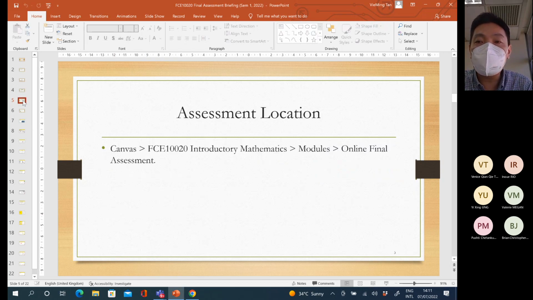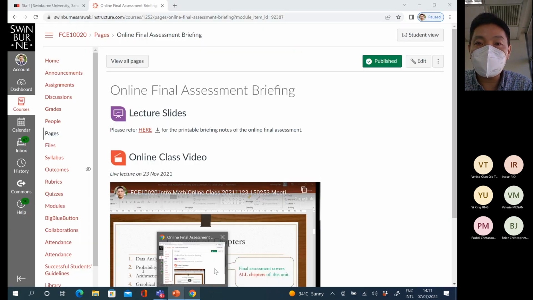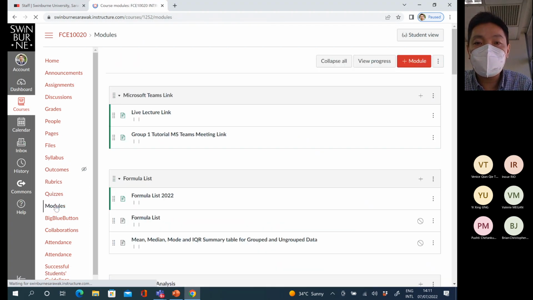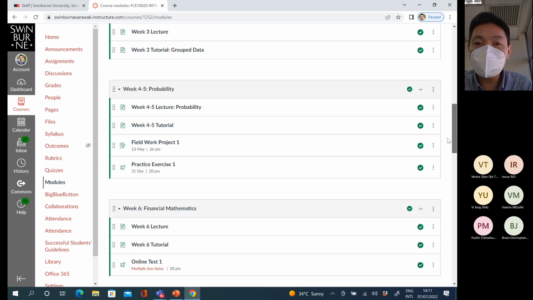Okay, so how to access the online assessment? The online assessment location will be like this. So on the actual day, on the 20th of July, if you want to access the final assessment, you can just go to the Canvas site and then go to modules. All right, then scroll down.